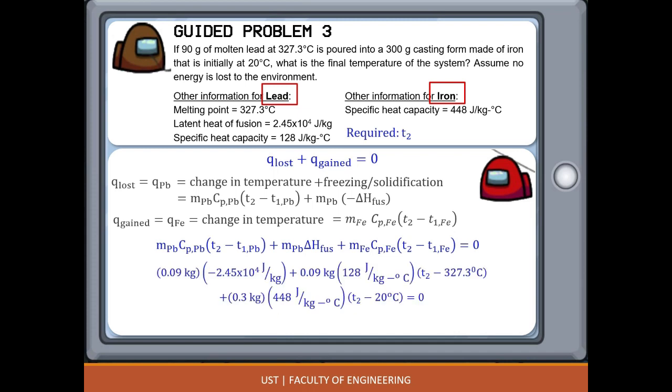Substituting the given values and solving for T2 will get 59.37 degrees Celsius, which is lower than the initial temperature of lead and higher than the initial temperature of iron. Therefore, our answer is justified and correct.